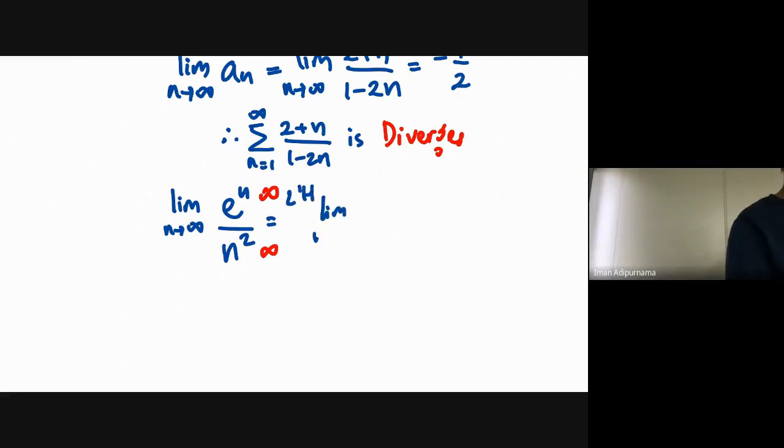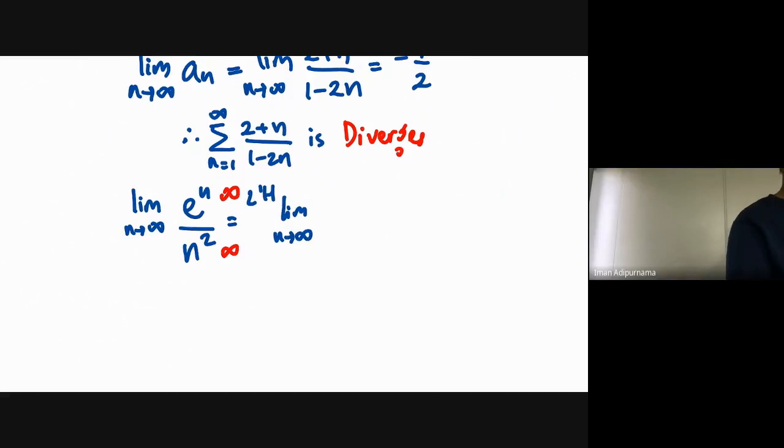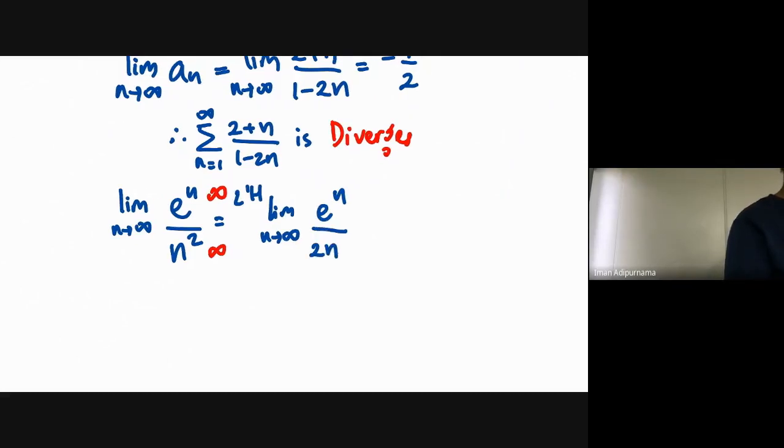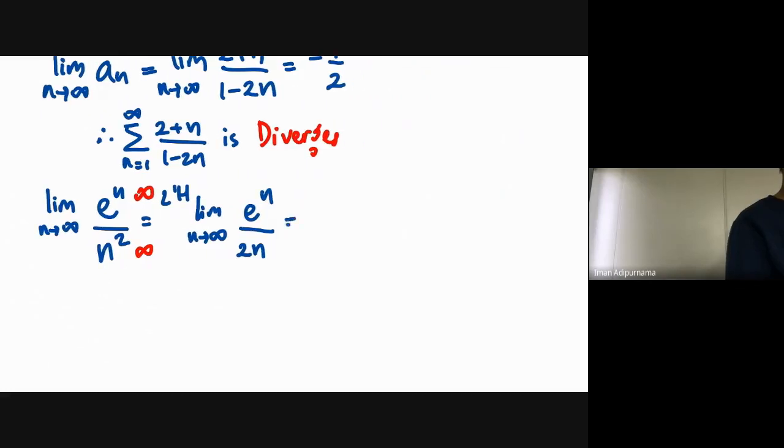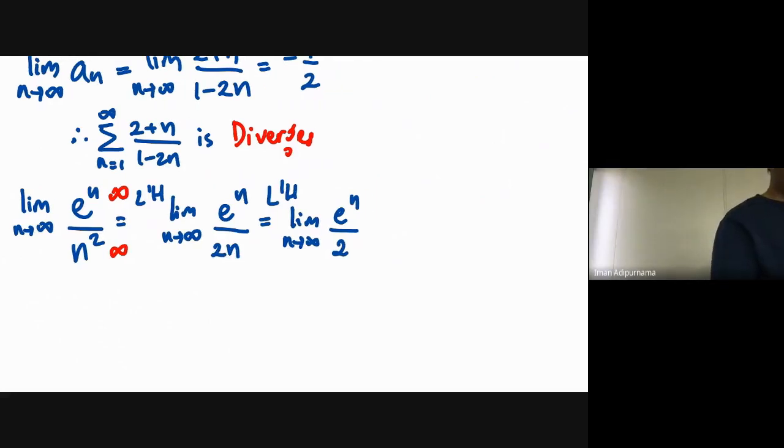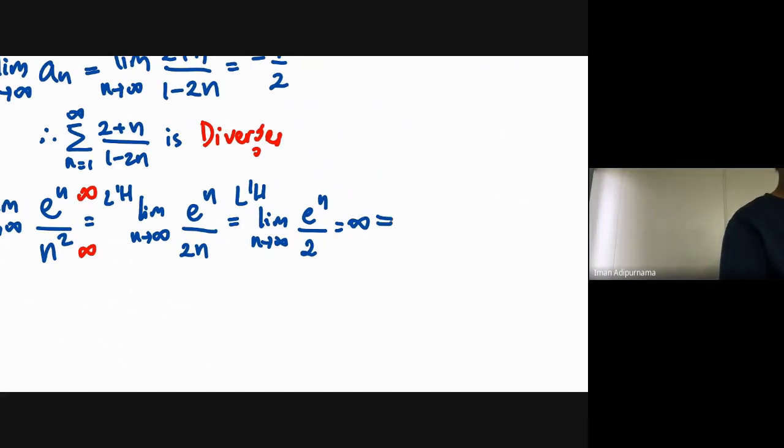We can write down e to the n, which is still e to the n, and this is 2n. And still, we can use L'Hopital's rule one more time. Now, the second one is actually going to infinity, right? Or, again, it's not 0.